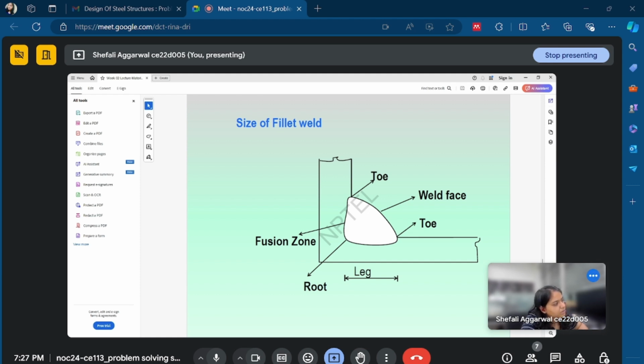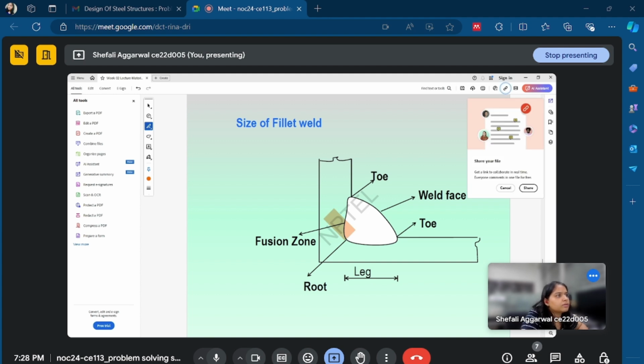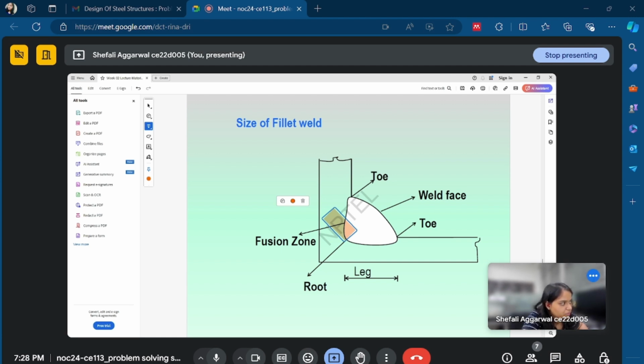Okay, so this is a root. If our root part is beyond 2.4 mm, this is our throat thickness, right? Yes, the indication here, the diagonal one.